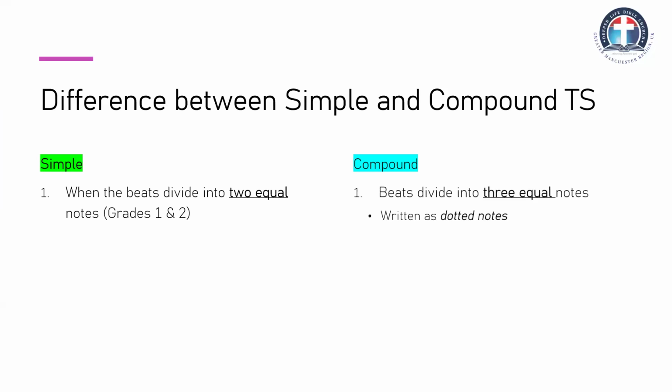On the other hand, if the beats can divide themselves into 3 equal beats, then it is known as compound time signature. So note the difference. One divides itself into 2 equal beats, the other one divides itself into 3 equal beats. Now you will want to ask me, how can a note divide itself into 3 equal beats?